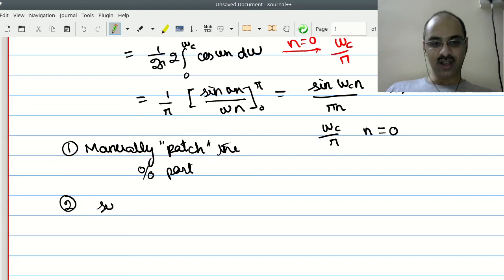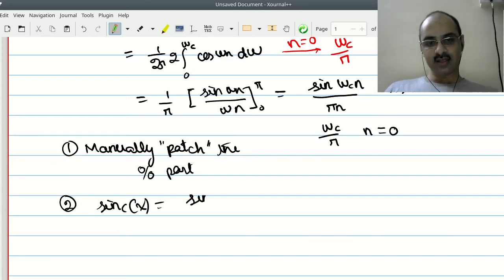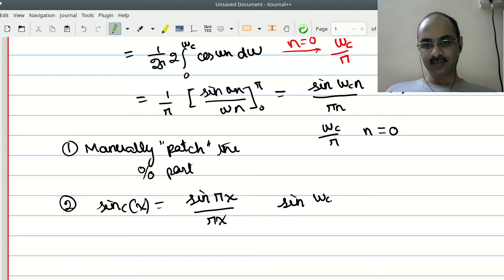So you know that sinc of x is actually sine of pi x upon pi x. Now what is the connection between this and sinc? So sine of omega c n upon pi n, we can actually write this as sine of pi times omega c n by pi, divided by pi n.